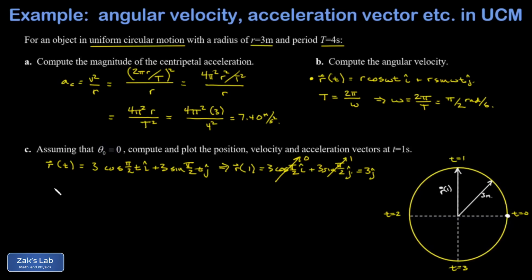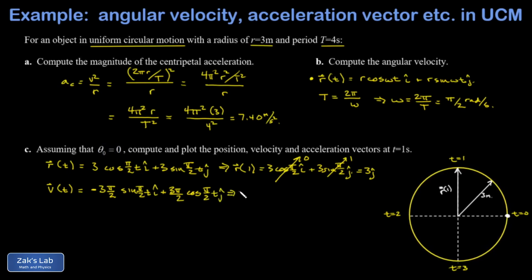Next, I look at a general velocity vector for this object in uniform circular motion, and I have to take a time derivative here. So I get a negative from this cosine function, and the chain rule produces a factor of pi over 2. So I have a negative 3 pi over 2 sine pi over 2 t i hat. Then in my second term, that's a 3 pi over 2 cosine pi over 2 t j hat.